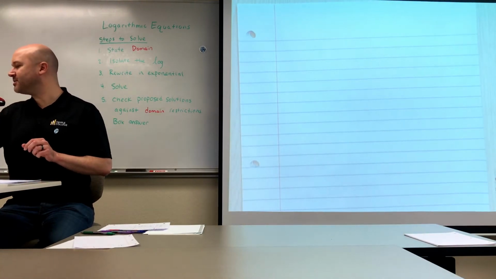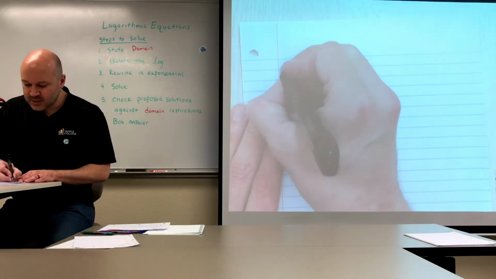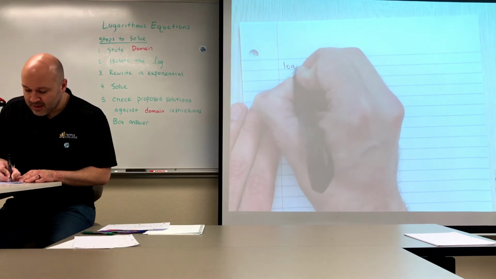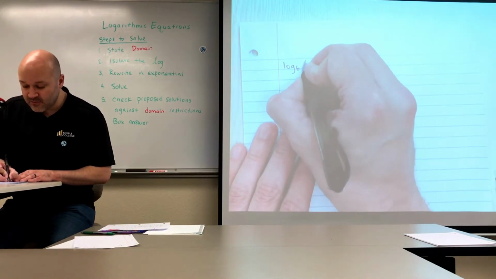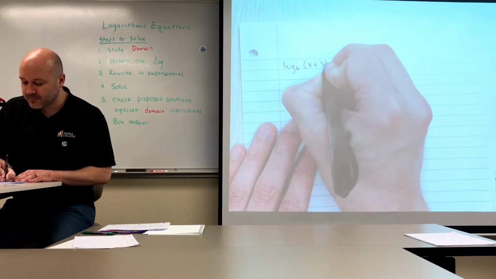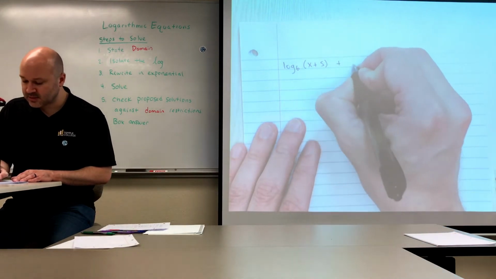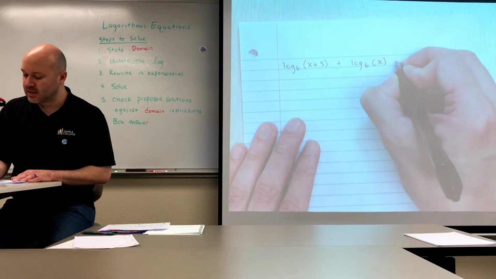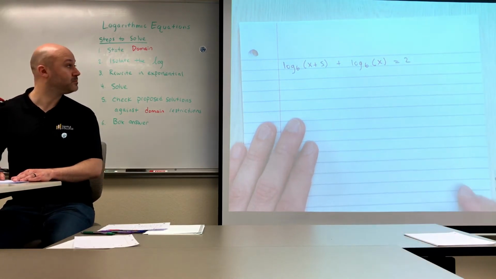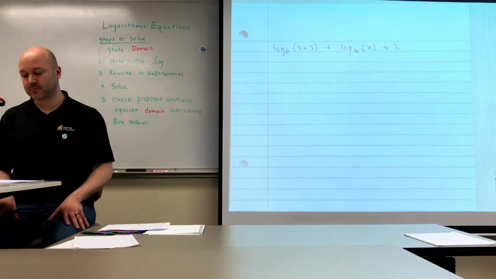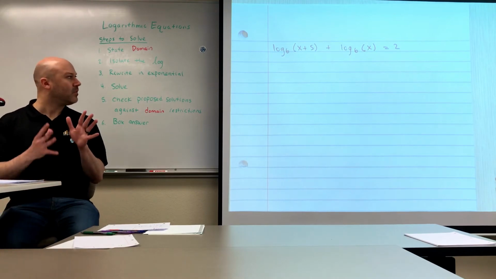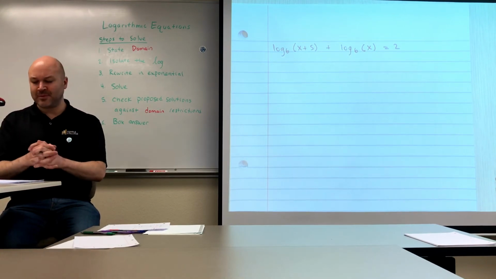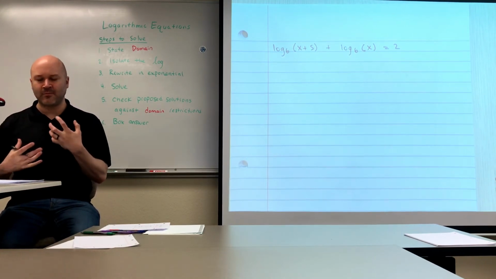All right, let's try another example. Let's do log base 6 of x plus 5, plus log base 6 of x, equals 2. Oh goodness. I'm super concerned because now all of a sudden I've got 2 domains to worry about.